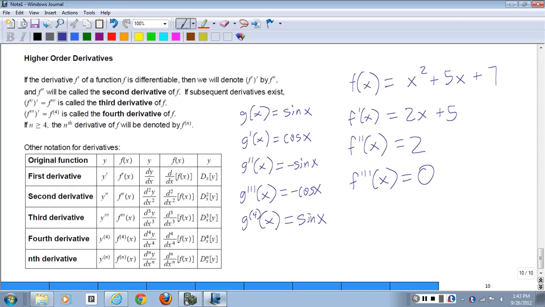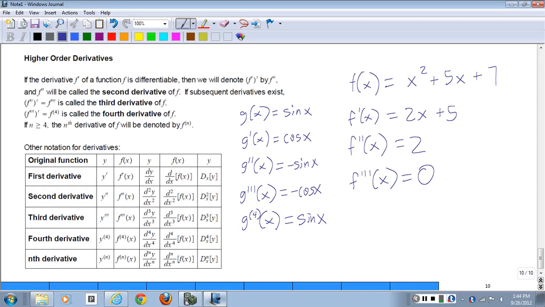Graphs that curve upward will curve upward on intervals where the second derivative is positive, and graphs that curve downward will curve downward on intervals where the second derivative is negative. So the sign of the second derivative is going to tell us some things about the shape of the graph.